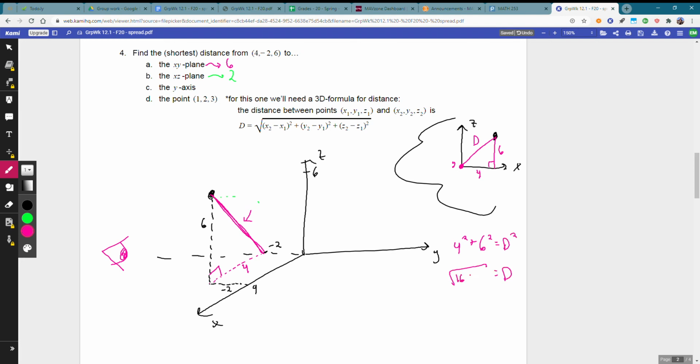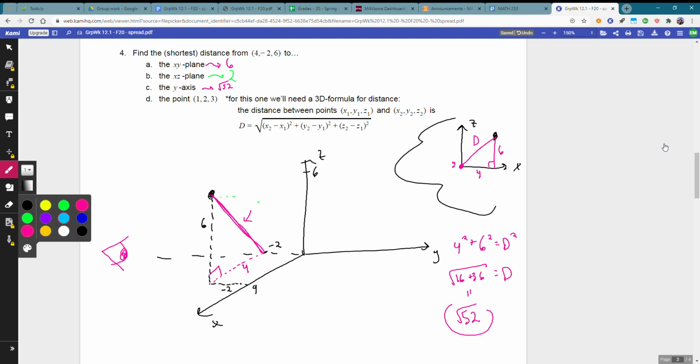Square root of 16 plus 36, which is 52. So it's root 52. So that looks like that's the distance there. Yes, I agree with myself. Okay, moving on. Oh wait, no, we have one more, don't we? So the y-axis distance is root 52.